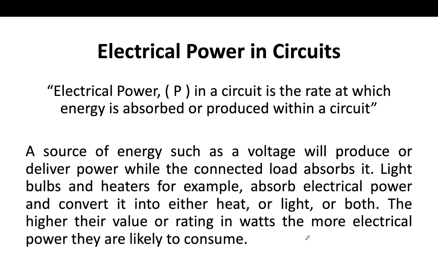So electrical power is basically the rate of how much energy is absorbed or produced in a circuit. As electricity is the transfer of energy, electrical power is the rate of energy absorbed or produced. A source of energy such as a voltage will produce or deliver power while the connected load absorbs it.